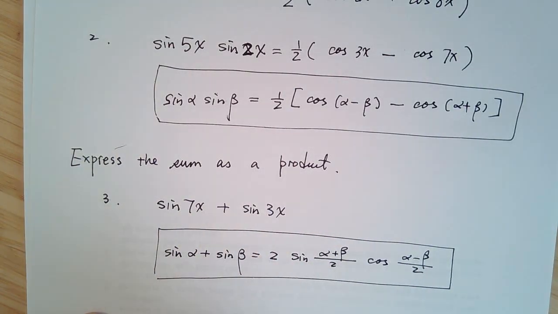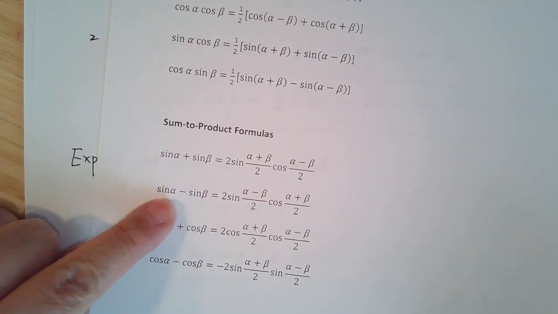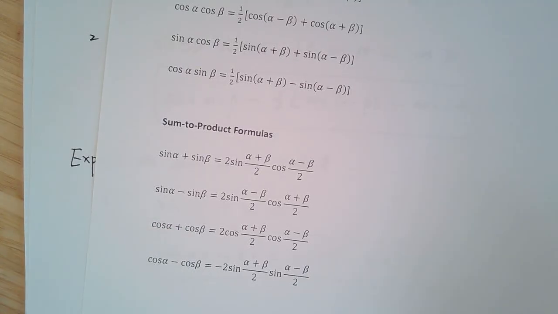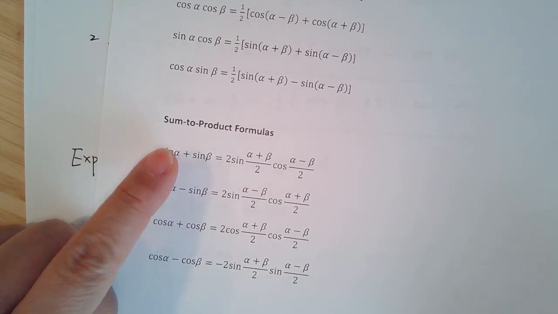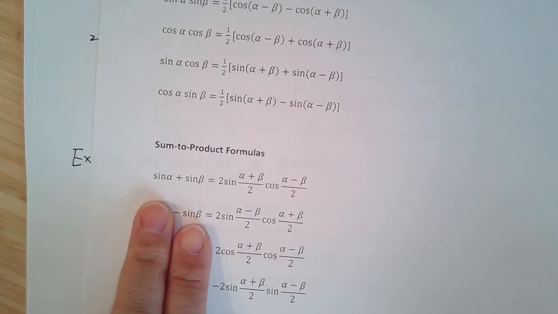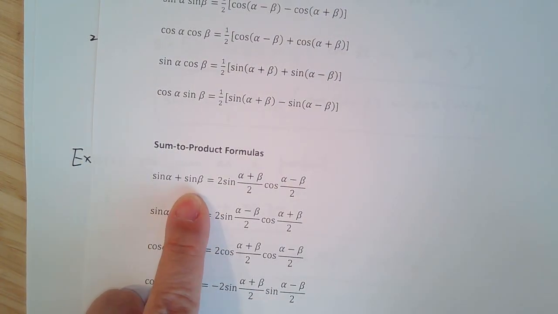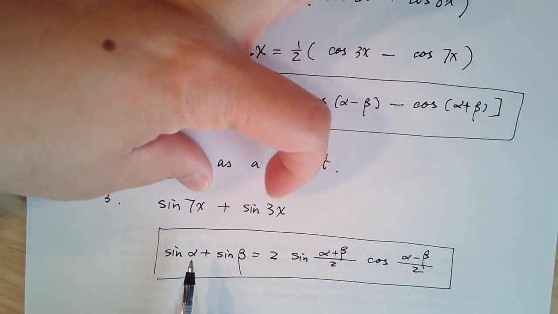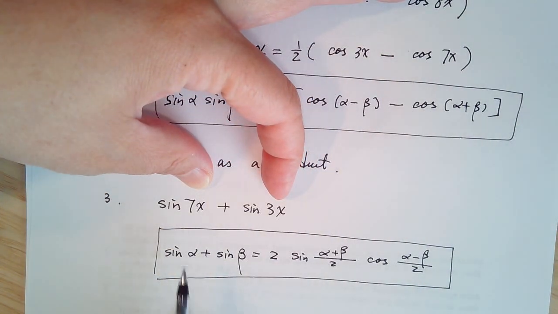So the first job you need to do is to identify which formula you're going to use. You can tell there's a sine plus sine, sine minus sine, a cosine plus cosine, and a cosine minus cosine. So you identify, oh, I'm going to use the first one. Then the next thing is to identify what is alpha, what is beta, and substitute it there. My alpha is 7x, my beta is 3x.